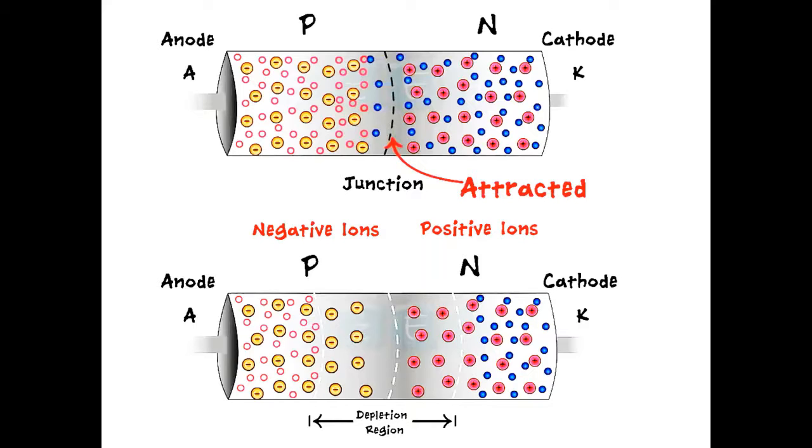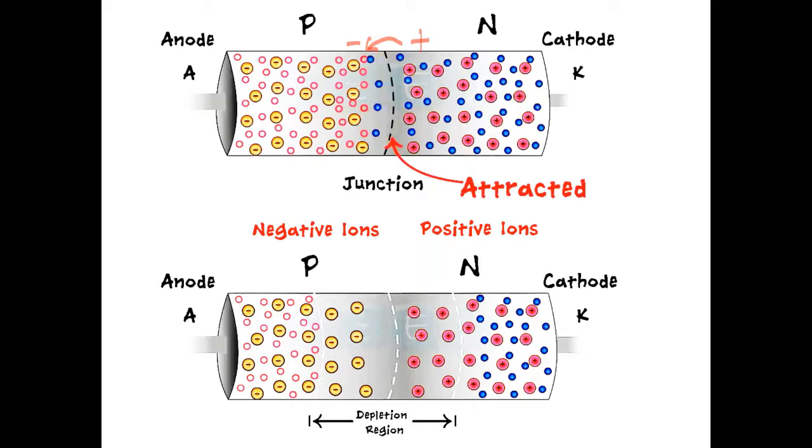So when diffused together, the electrons are attracted to fill in the holes. For this atom, when the electron moves and fills in the hole, this atom will lack one free electron, so it becomes a positive ion. And this atom, when it receives the electron, becomes a negative ion.